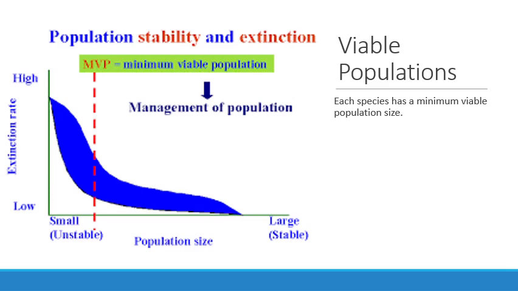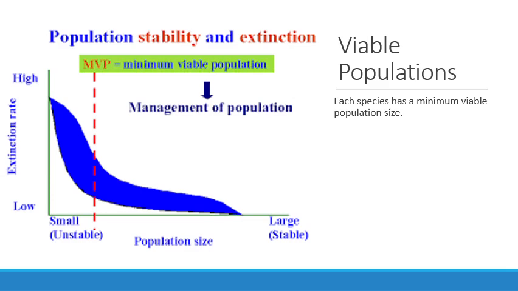If you have a high population size, you've got a low chance of extinction. As you start to lose population size, your chance of extinction goes higher and higher. So that just makes sense, right? And that's basically what we're talking about when we talk about extinction. What you find is some organisms need a larger group of organisms around them to mate with, to keep that biodiversity high.